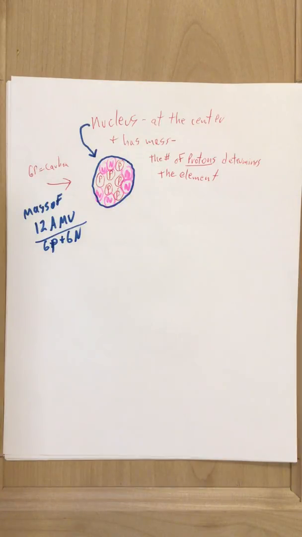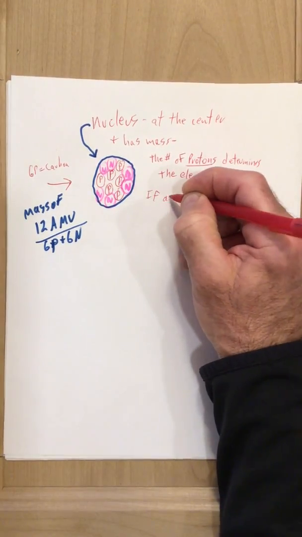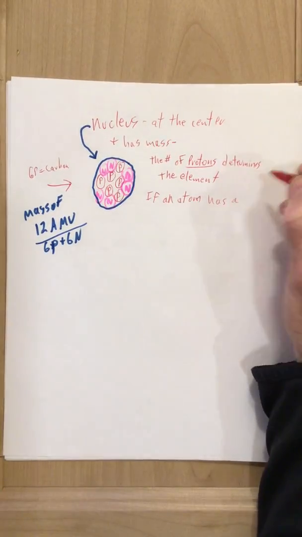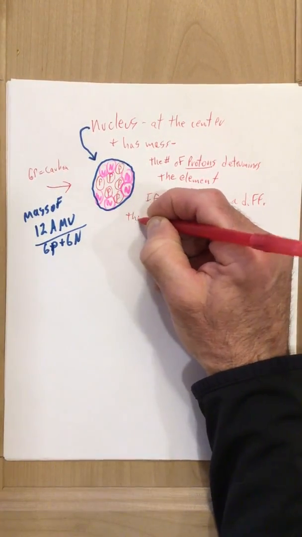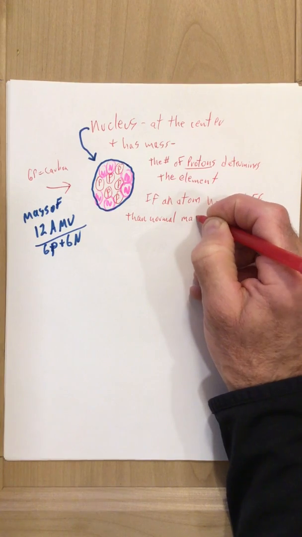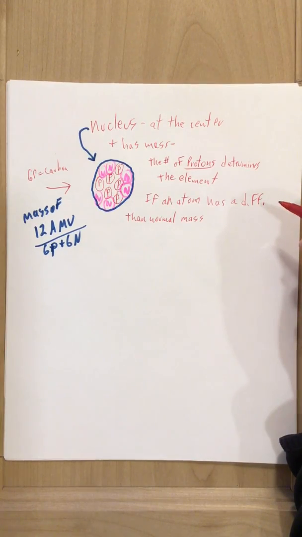That mass doesn't have to always be, for instance, carbon doesn't have to have a mass of 12, but it does have to have 6 protons. What can change is the number of neutrons. If an atom has a different than normal mass, and I've already told you that a carbon atom has to have 6 protons, but it has a weird mass, let's say it's not 12, let's say it's 13, what that means is it must have an extra neutron.